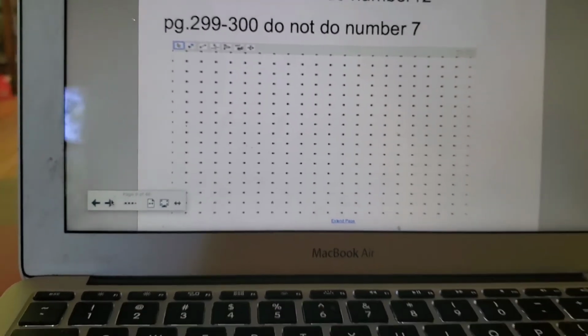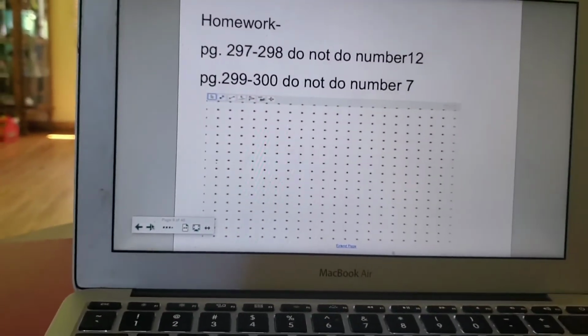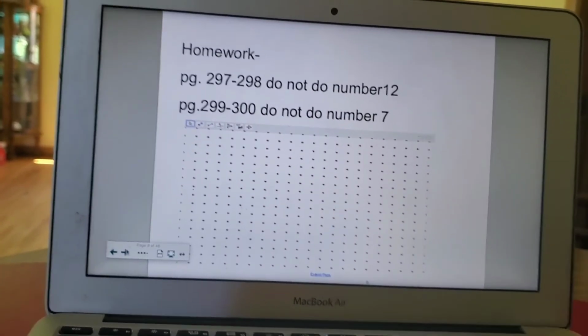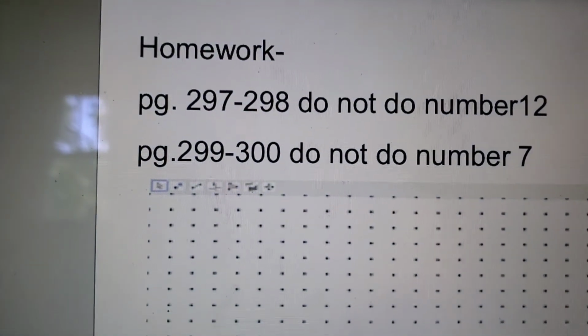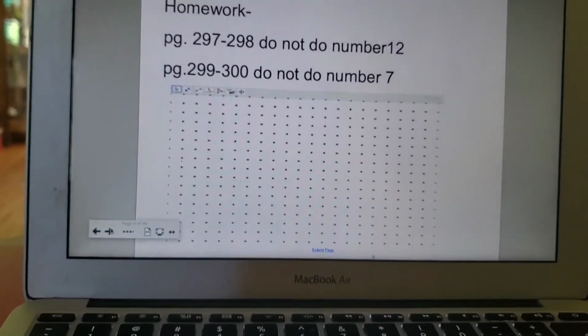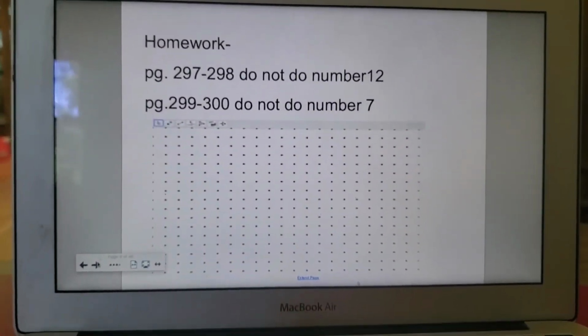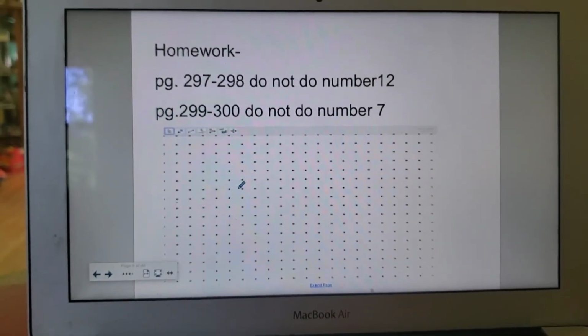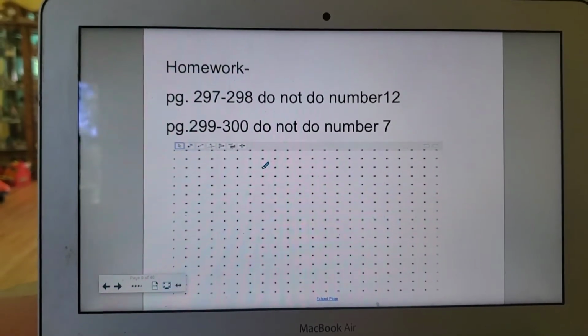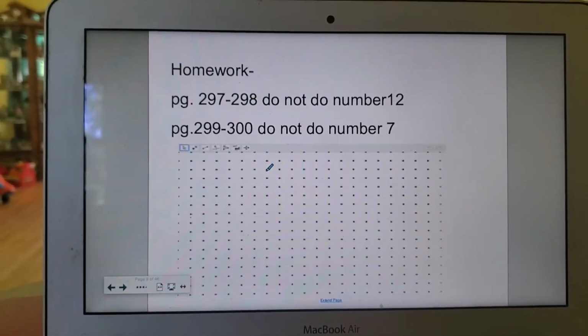Do you see how I have these little circles there? On pages 297 and 298, numbers 1, 2, and 3, you are going to make the figure closed. So you have an open figure and you're going to try to close it.